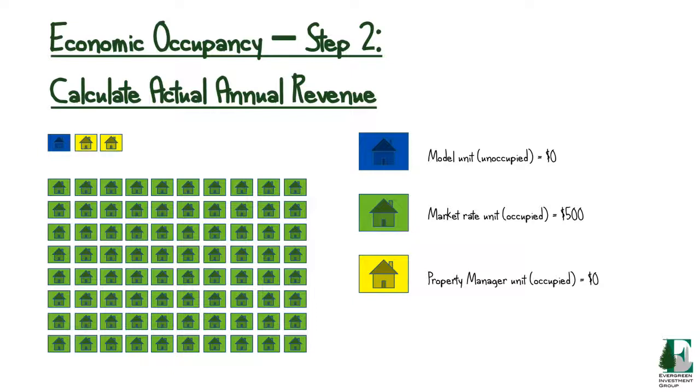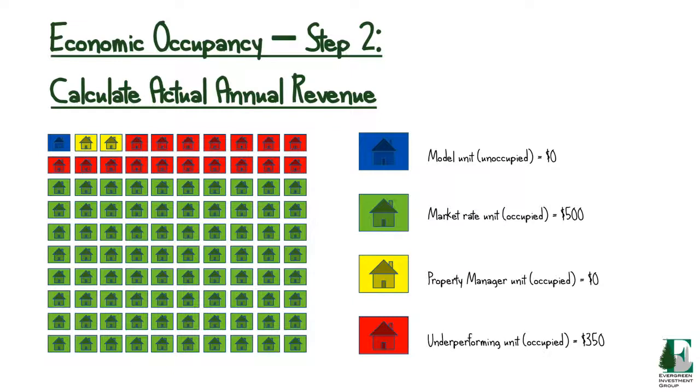And then finally, the last 17 units, we'll color code red and we'll call them underperforming units. And the reason why is because the current owner knew he was planning on selling this complex. And he needed to do anything and everything he could to get people into those last handful of units. And that anything and everything, unfortunately, required him to reduce his monthly rent from $500 to $350.